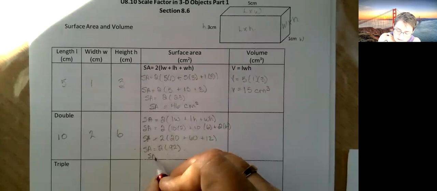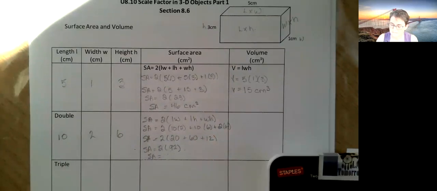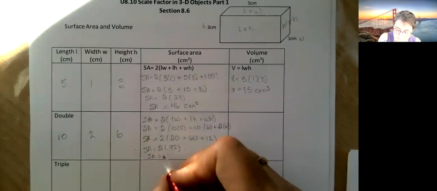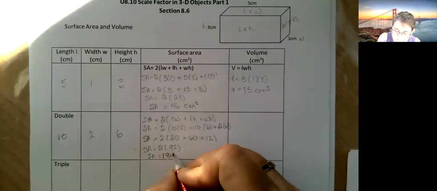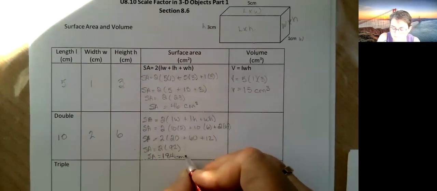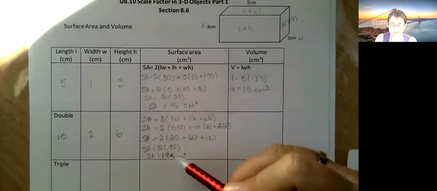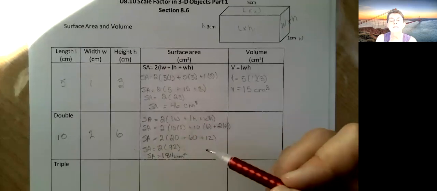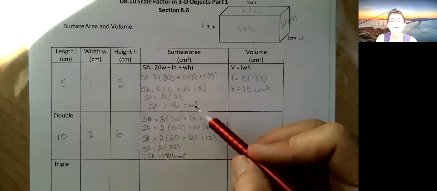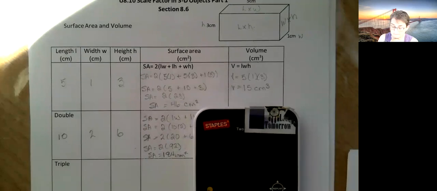So surface area, keep my handy dandy calculator, 2 times 92 is 184 centimeters squared. Now, I wonder if there's a relation between 184 and 46. How many 46s are there in 184? I bet there's 4.